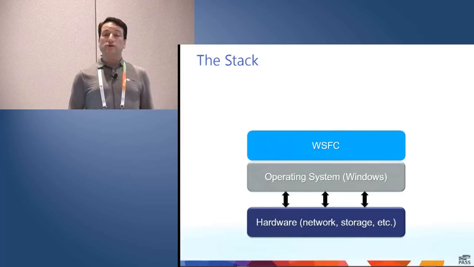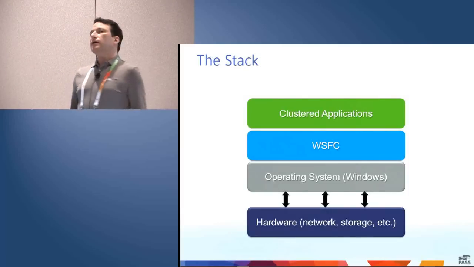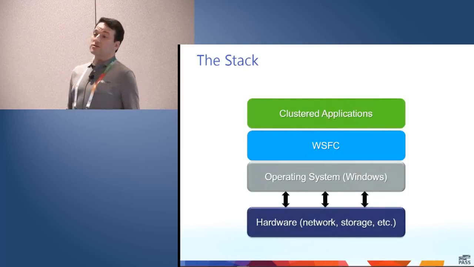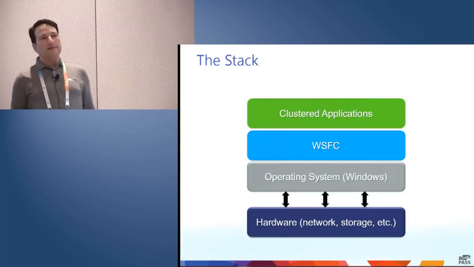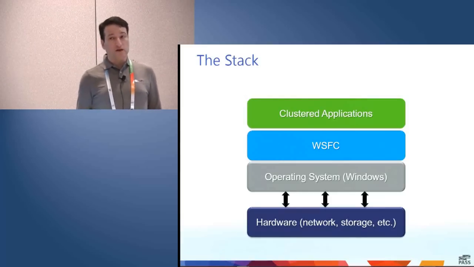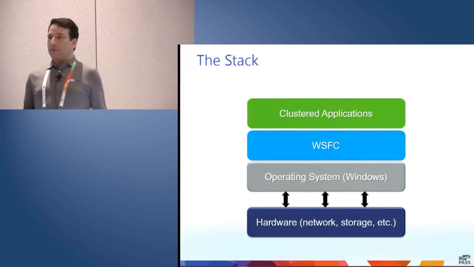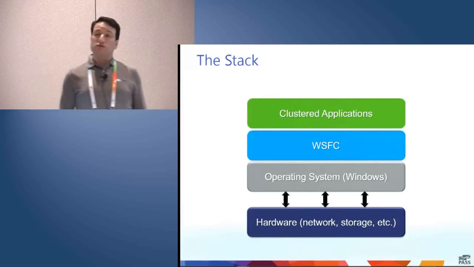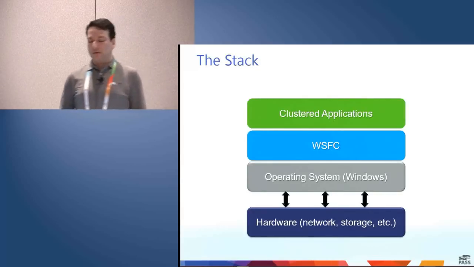Those servers are known as nodes in the cluster world. And on top of that, you then have your clustered applications, of which SQL Server, and by that, in this context, I mean a SQL Server clustered instance or the availability groups feature, commonly known as the Always On features from a marketing perspective, but here I'm going to separate them out because they're very specific and different things.